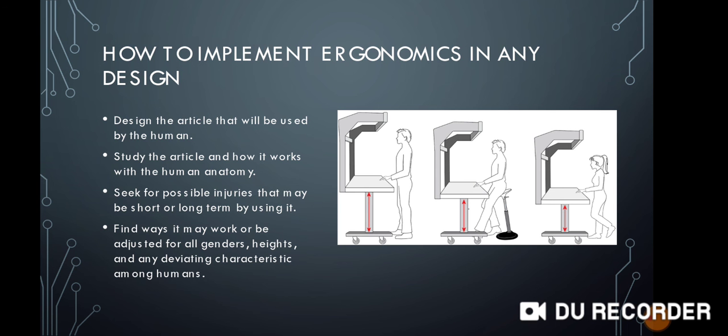Within that, you have to seek out the possible injuries that may be short or long term by using it. In defined ways, it may work or be adjusted for all genders, heights, and any deviating characteristics among humans. In the picture here, you see the person from tall to short, which always changes depending on what work needs to be performed.